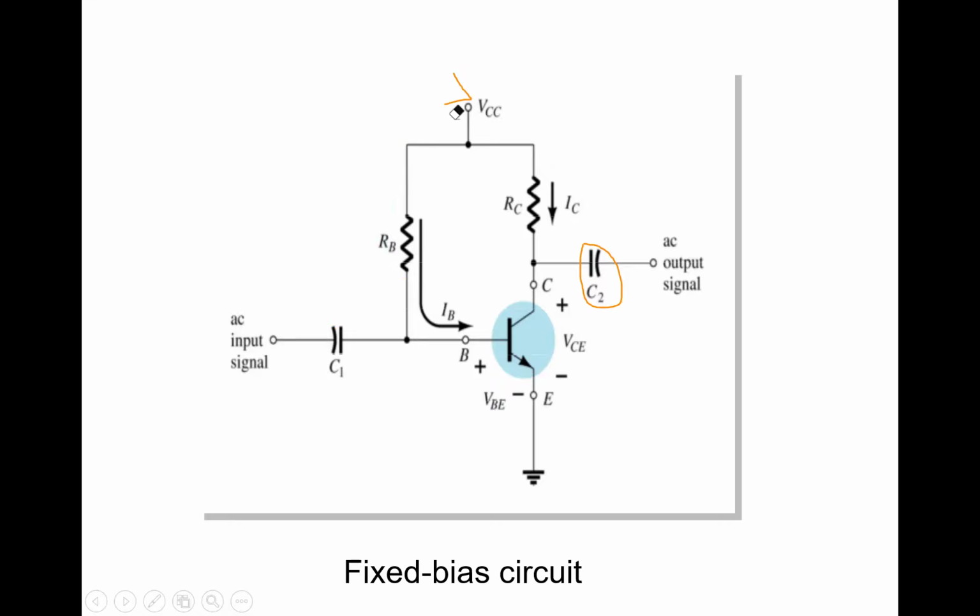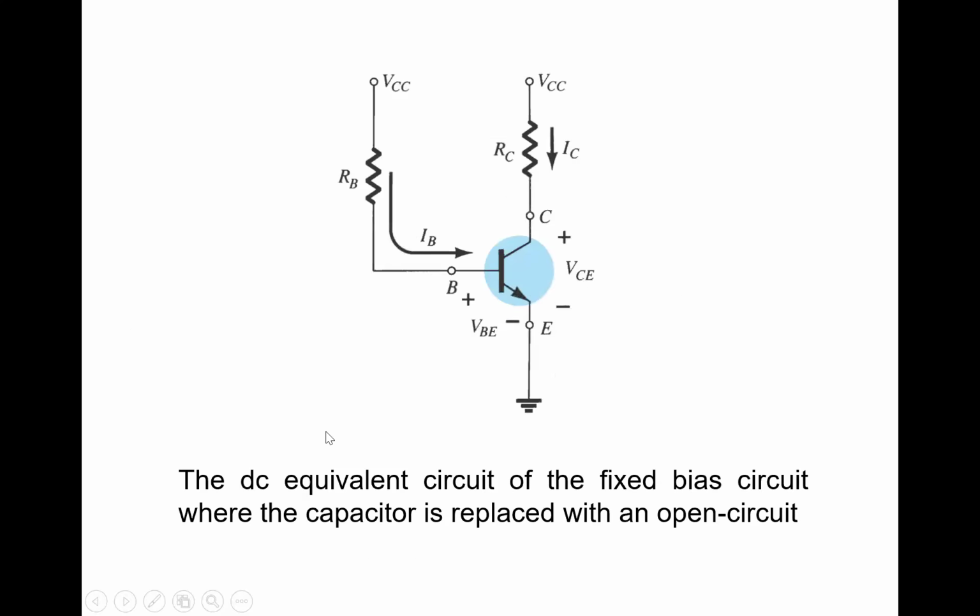For DC analysis, these capacitors C1 and C2 act as an open circuit. Then we are going to see the equivalent circuit of the fixed bias. See this figure. This is the DC equivalent circuit of fixed bias.